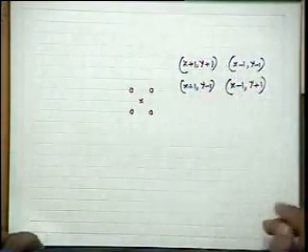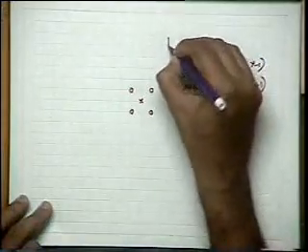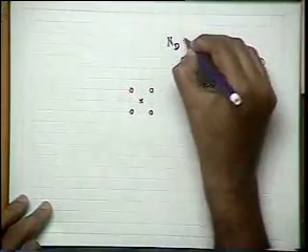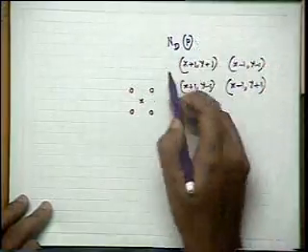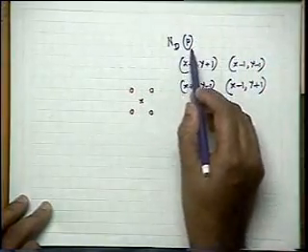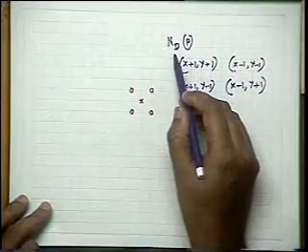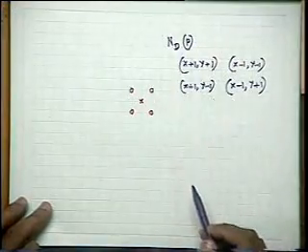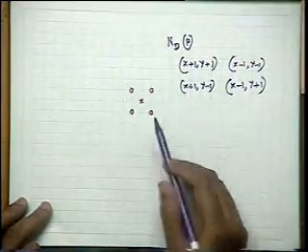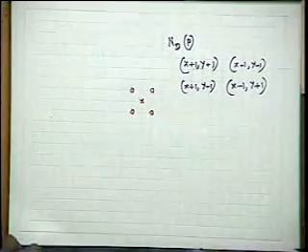These four pixels belong to a set N suffix D of P. The suffix D stands for the diagonal neighbors. So these four points are the diagonal neighbors.